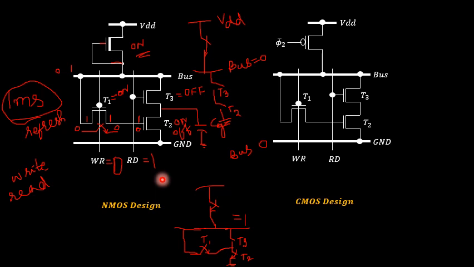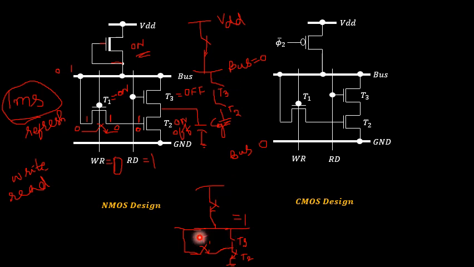Suppose if the bus was carrying a logical 1 state during the write operation what you are performing, since you have asserted the read signal as equal to 1 state, now this is performing the read operation. Bus is equal to 1, bus signal is equal to 1 over here.